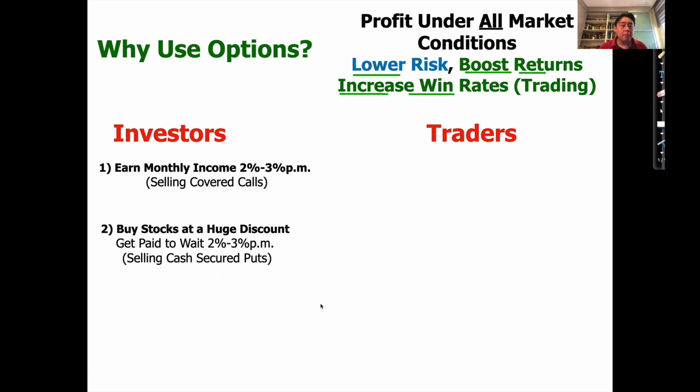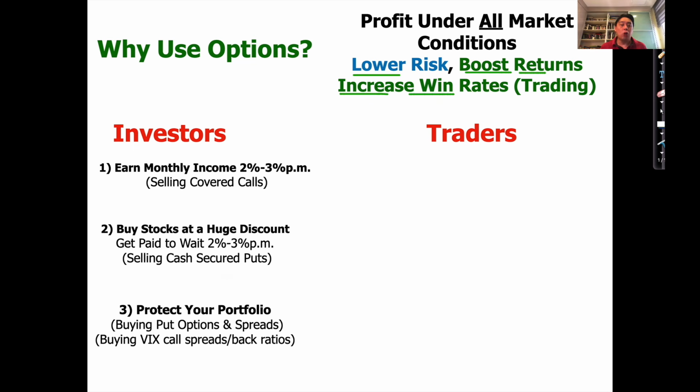As investors, we can also use options to protect our portfolio from short-term corrections or bear markets. In the long run, the stock market will always go up. We know that. Good companies we invest in will always go up, but in the short term, they could go down for a couple of weeks or months. Now, while it's going down, we can actually generate short-term profits and use the profits to buy more stocks.